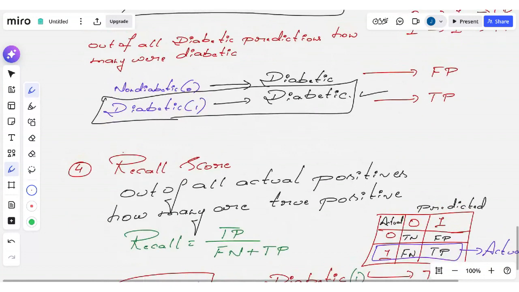Out of all diabetic predictions, I'm speaking of all the predictions your model has made that a person is diabetic, how many were actually diabetic?